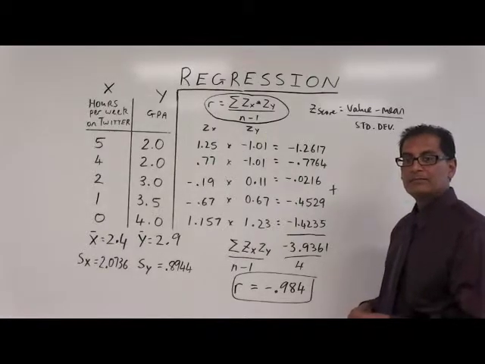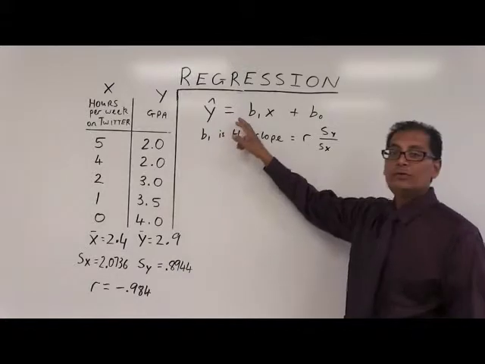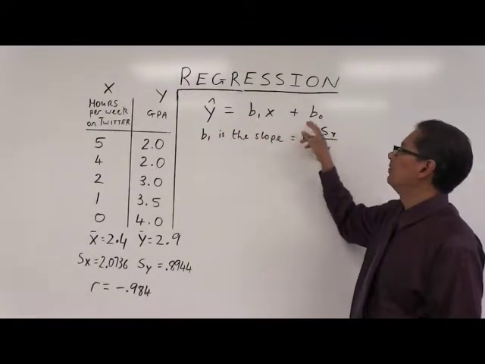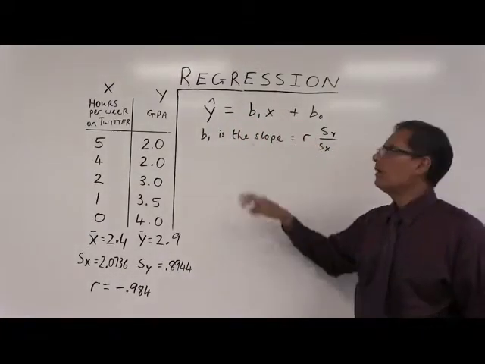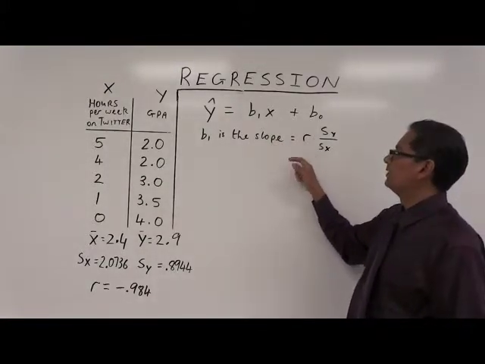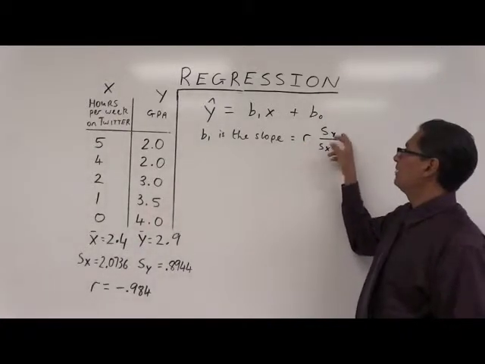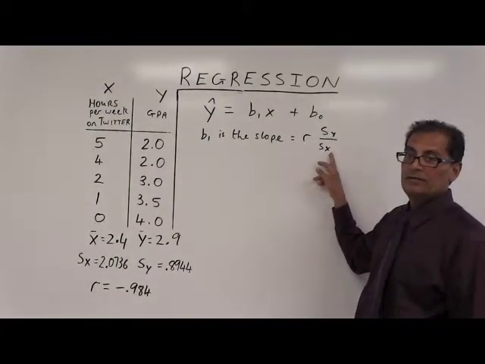So let's look at that. The regression equation we call y hat is equal to b1x plus b0. So b1 and b0, what are these things? b1 is the slope of the regression equation, and it's equal to the correlation coefficient times the standard deviation of y divided by the standard deviation of x.